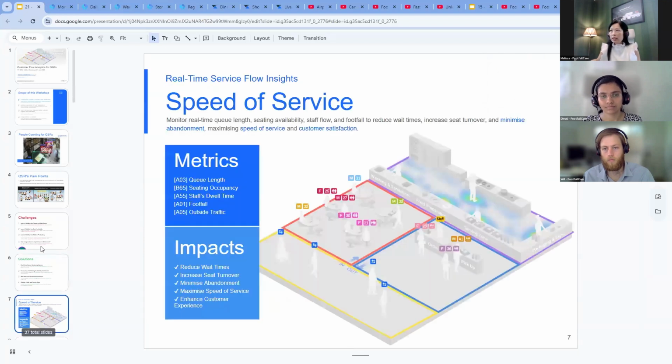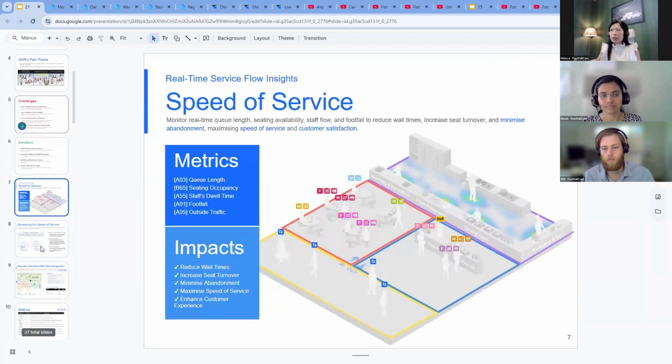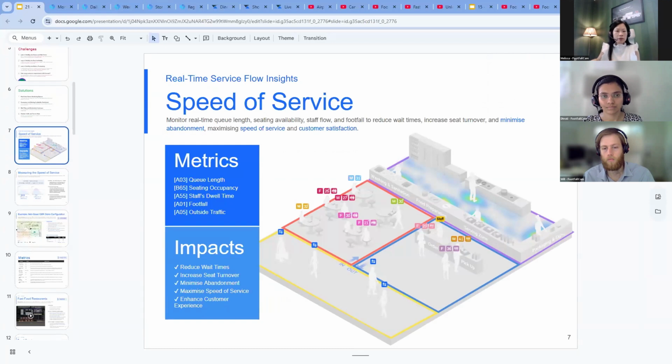So let's look at real-time service flow, speed of service. High incoming traffic requires high speed of service to ensure customer satisfaction. The core metrics are the fundamental we want to emphasize. They are the key indicators that help guide us and hold us accountable for maintaining the speed of service.